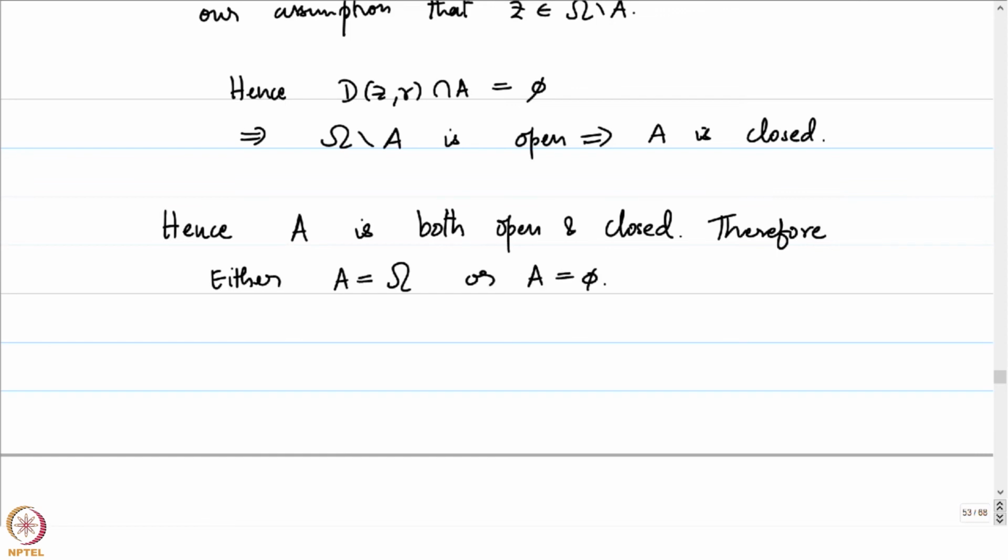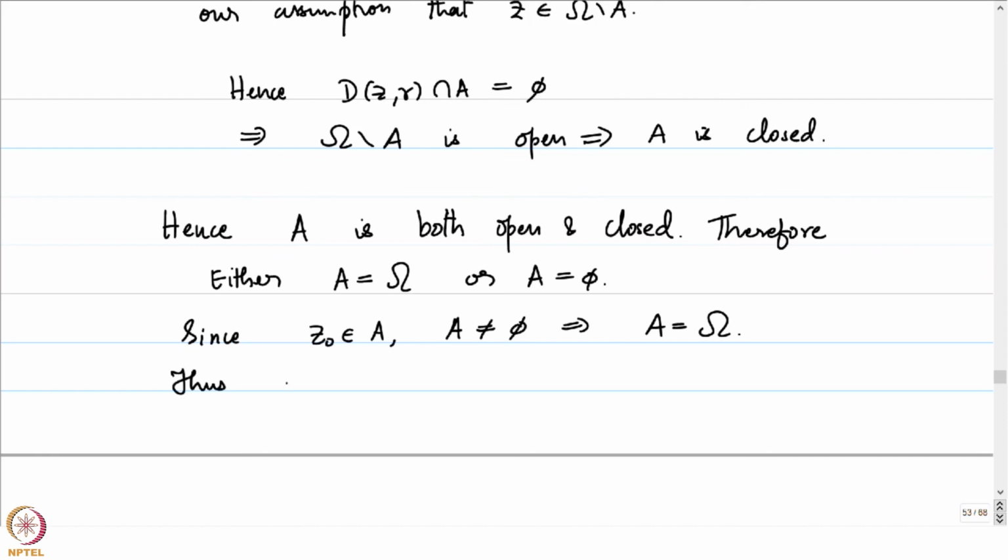One of the two conditions is forced. But A cannot be empty because z0 already belongs to A. Since A is not empty, this implies that A is equal to omega. And that's precisely telling that every point in omega can be connected to z0 by a path. But again, by a very similar argument of concatenating paths, any 2 points can be connected by a path through z0.